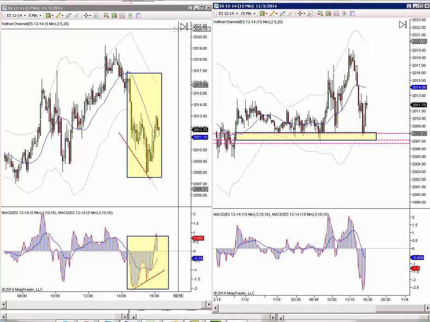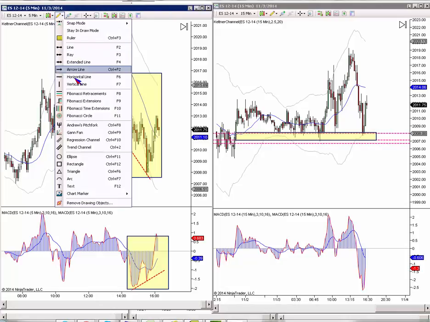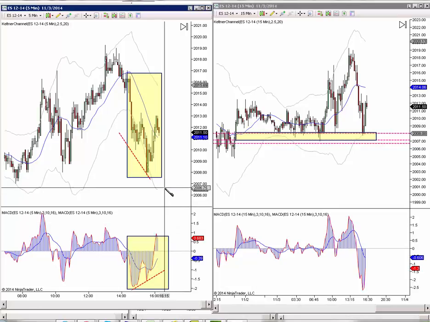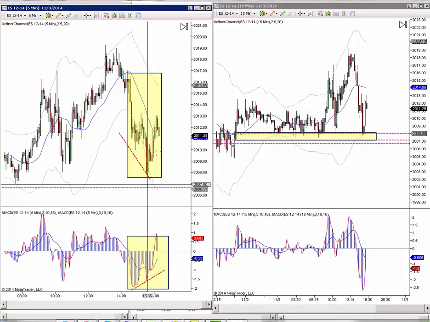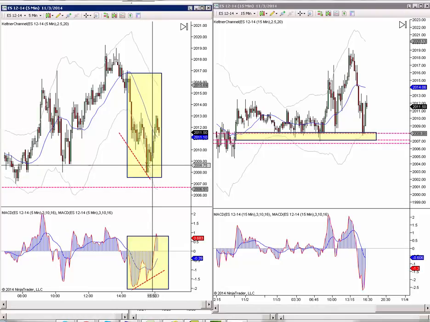which means that your risk here would have been right there. Okay, so this comes down, you start looking for support, maybe it comes up and starts coming down, you're looking for a buy opportunity. That's a divergence pattern.